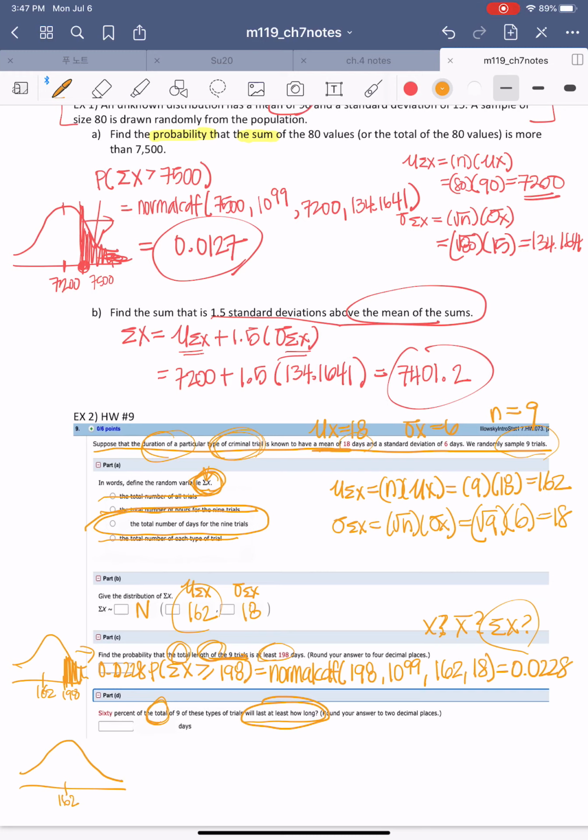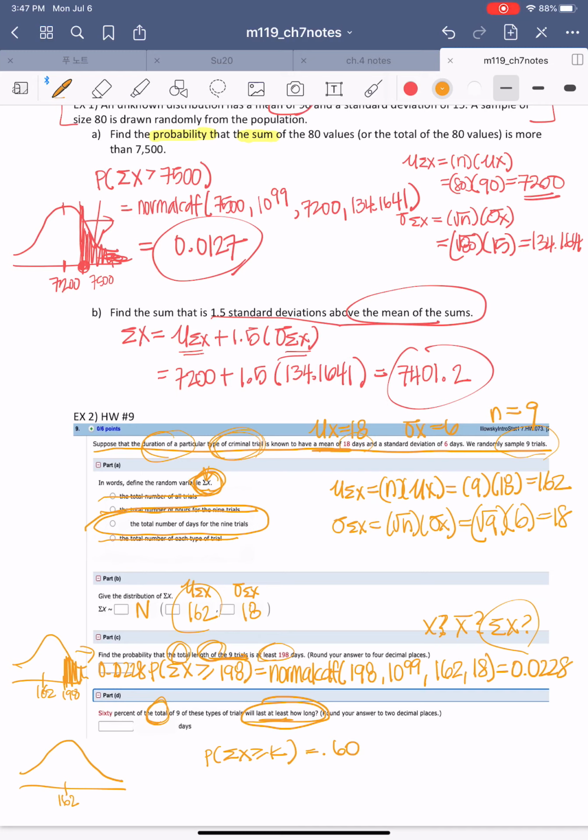I'm looking for at least, right? So I want the sum to be at least, which means greater than some K value. That's given as 60%. You are given the 60% of what? Some random value K such that it's bigger than 0.6.